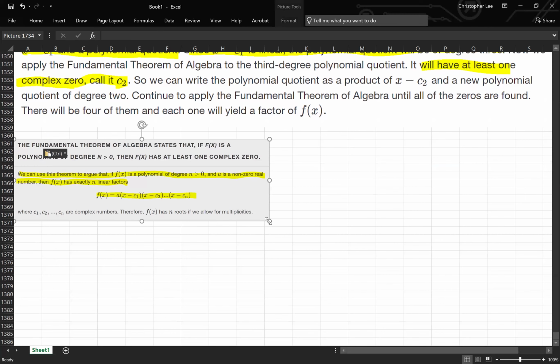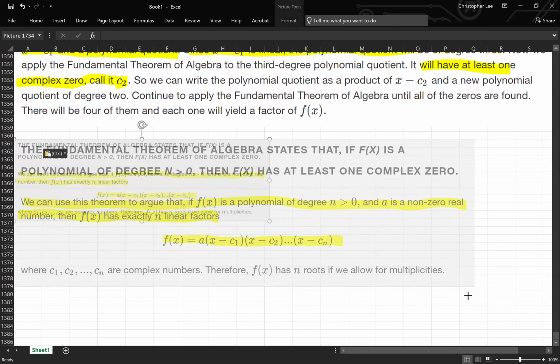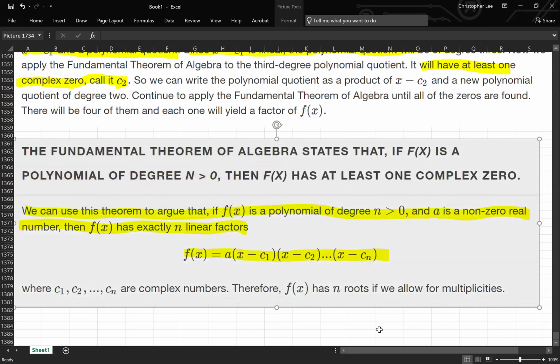The fundamental theorem of algebra states that if f of x is a polynomial of degree n greater than 0, then f of x has at least one complex zero. We can use this theorem to argue that if f of x is a polynomial of degree n greater than 0 and a is a non-zero real number, then f of x has exactly n linear factors.